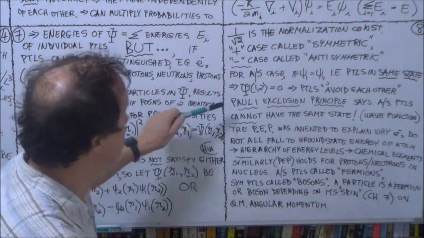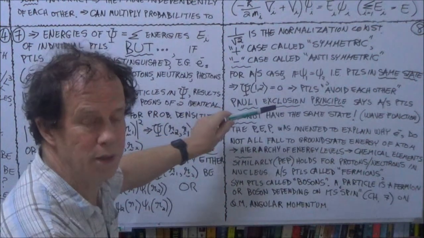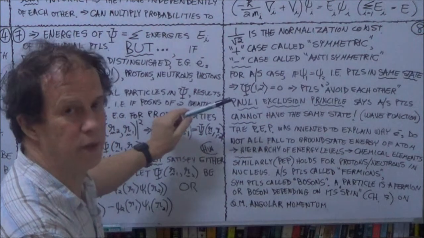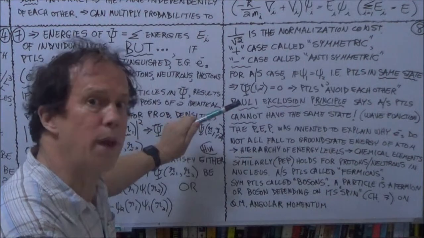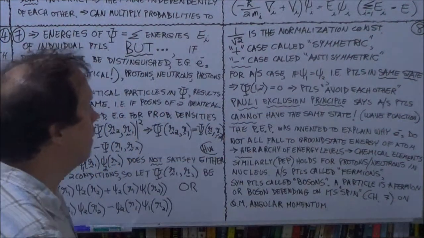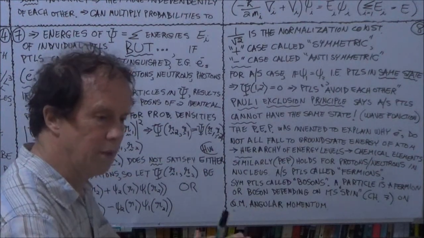Now this leads into something rather famous. It's pretty well as famous as the Heisenberg uncertainty principle, the HUP. Well, this is the PEP, the Pauli exclusion principle. I've said it before, but I'll spell it out now.